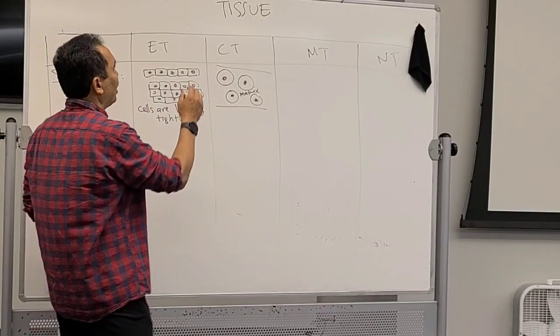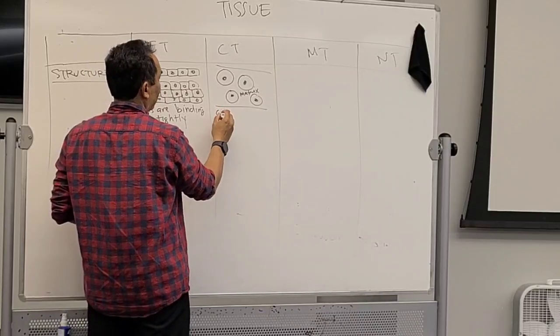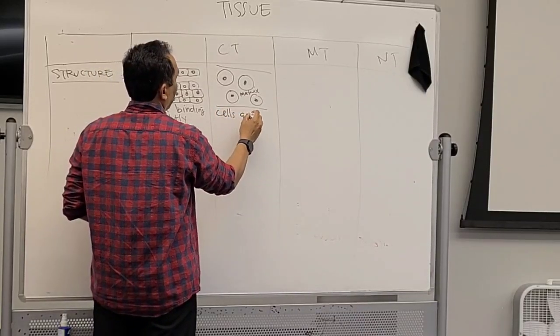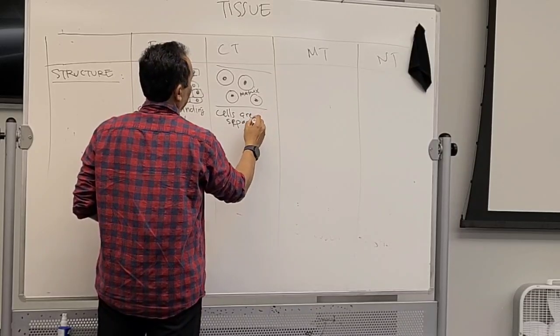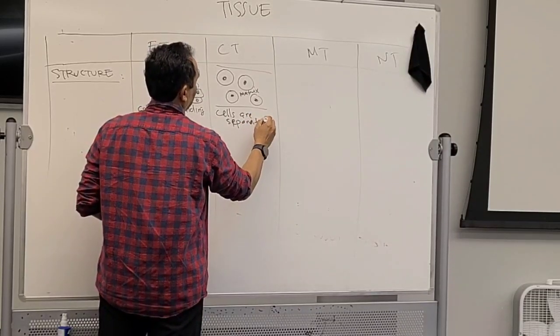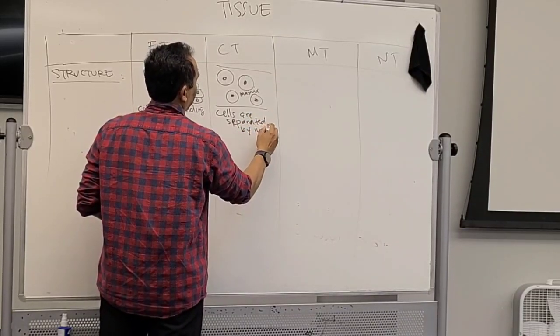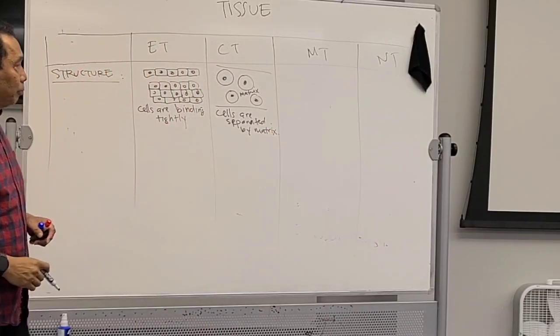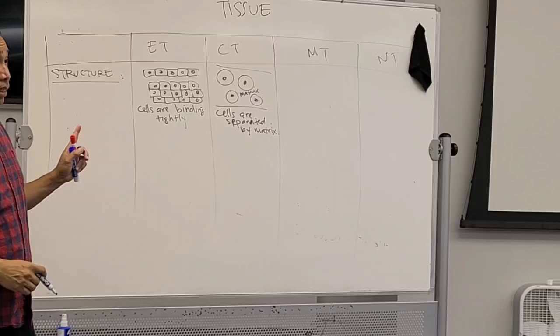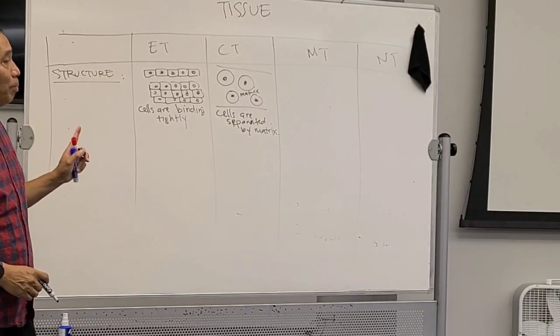Therefore, in this connective tissue, cells are separated by matrix. So there are cells and matrix.